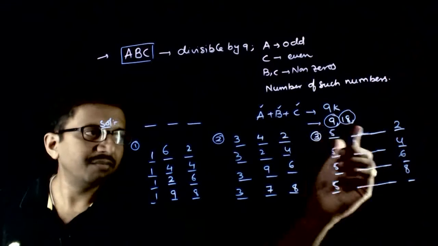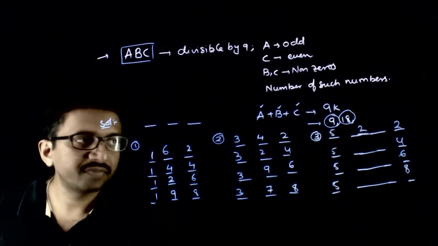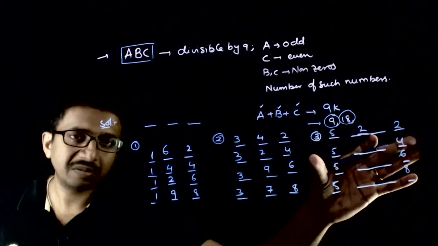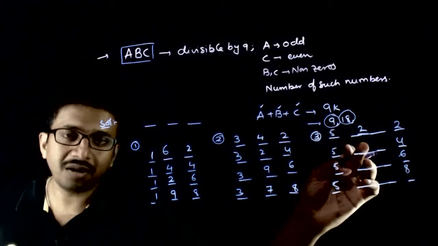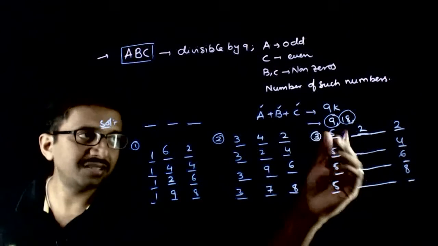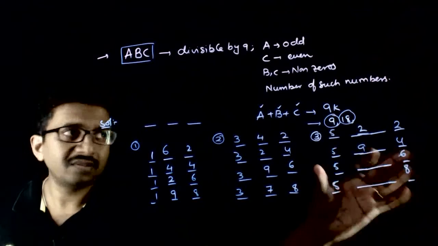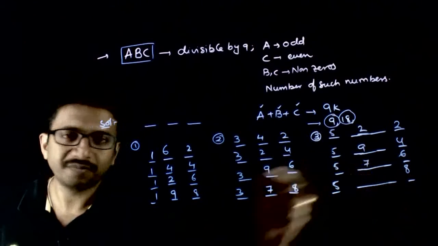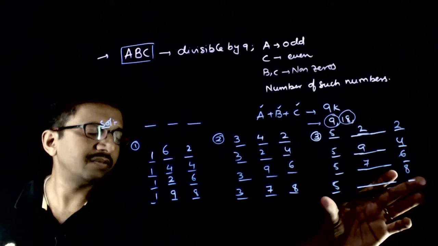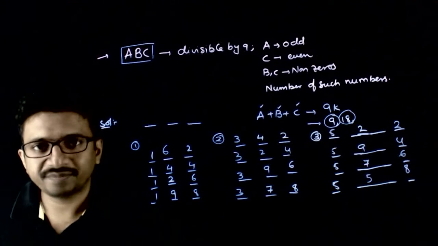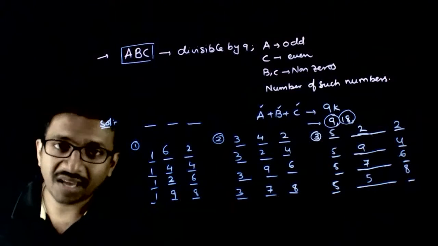It cannot be 18, so the middle digit has to be 2. With 5 and 4, the sum is 9, so the middle digit has to be either 0 or 9. 0 is not possible, so it has to be 9. With 5 and 6, the sum is already 11, so it has to be 7. With 5 and 8, the sum is already 13, so this has to be 5. So you have again 4 numbers.